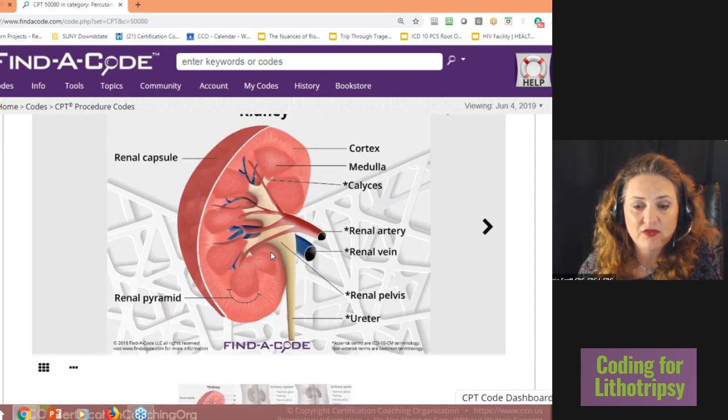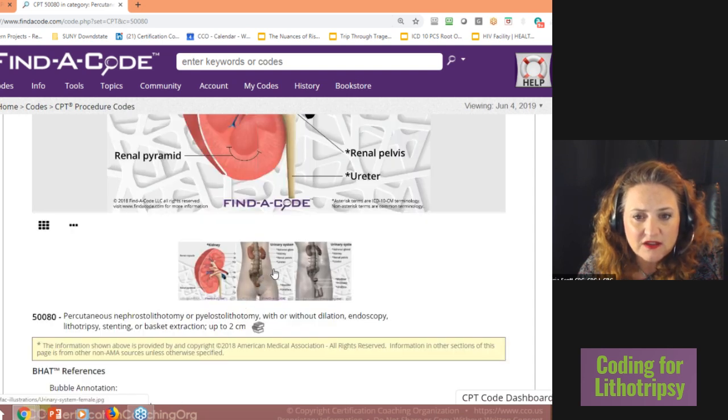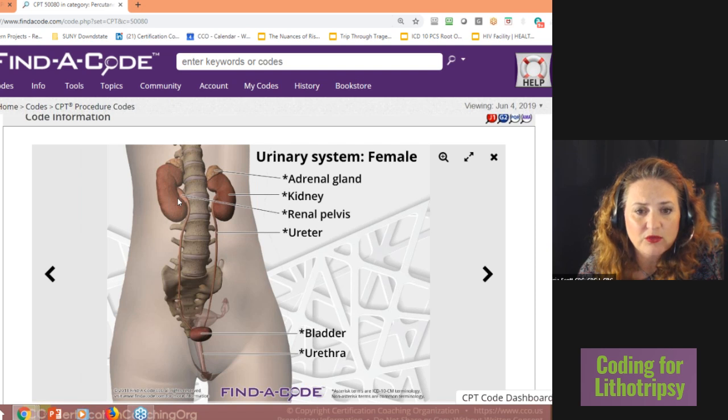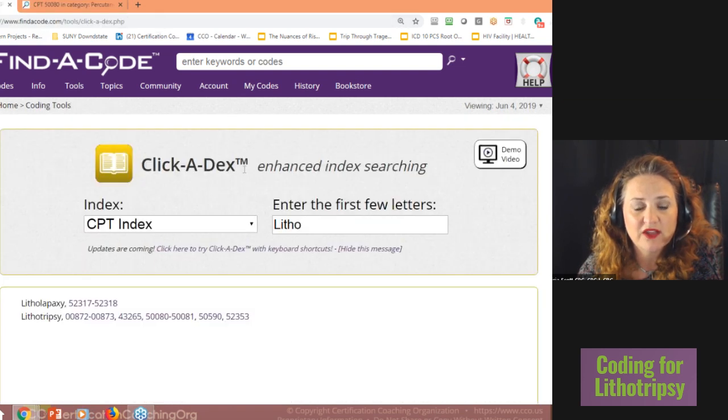So this is nephro, would be this part, it's stuck right here in the kidney. And then I don't know if they're going to show us a picture of this or not. Let me see if this one does. Pyelo, no, okay. But if it's starting to come out, then we have that other code. All right, so that's those 2 codes right here.